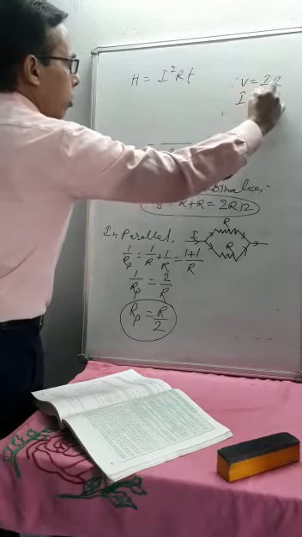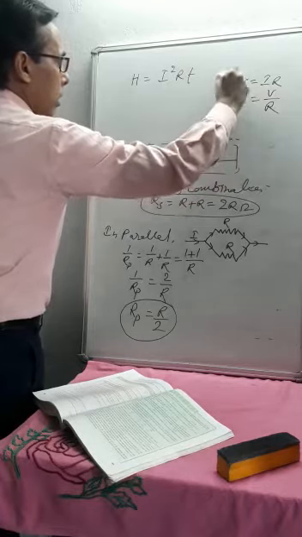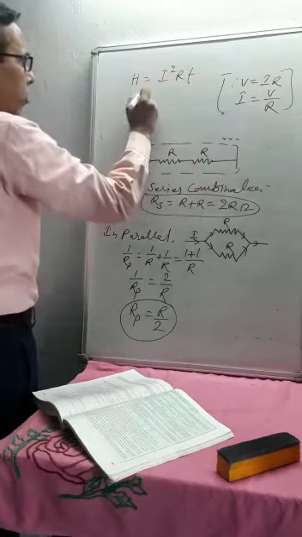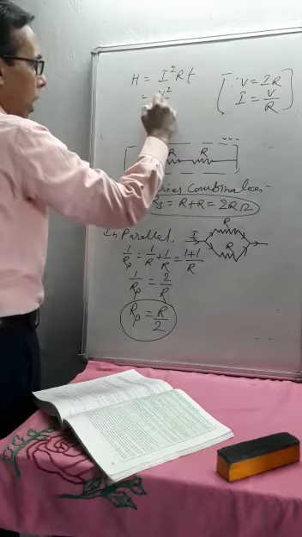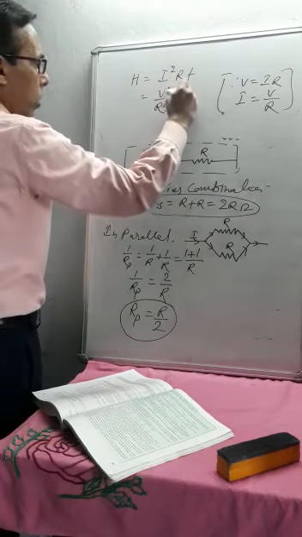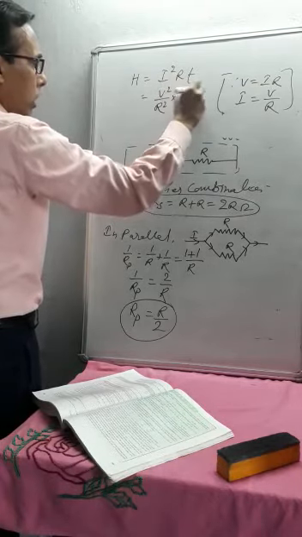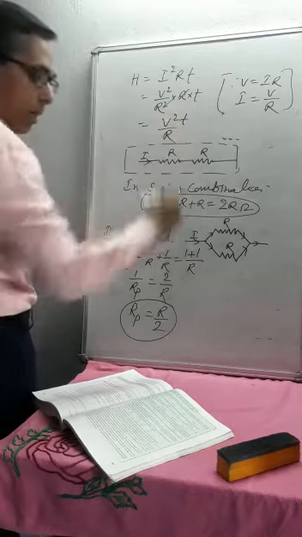So I is equal to V by R. Put this value of I: V square by R square into R into T. So one R cancels. The formula is V square T by R.